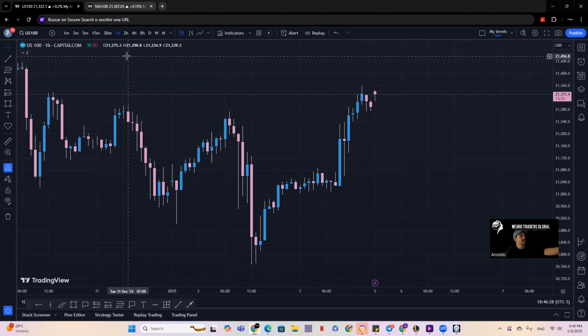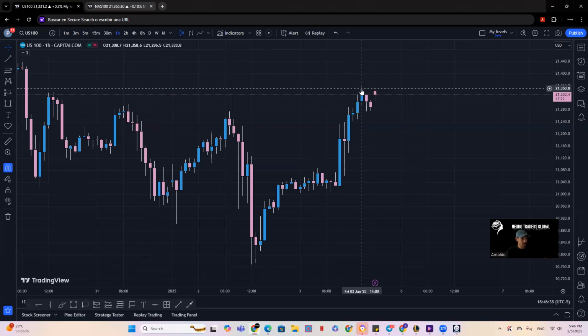If you look at these numbers on the top of my screen, there's open, high, low, and close. Once I hover over this candlestick, I want you to look at the high. It says 21,330.5. Okay, so that's 21,330.5.